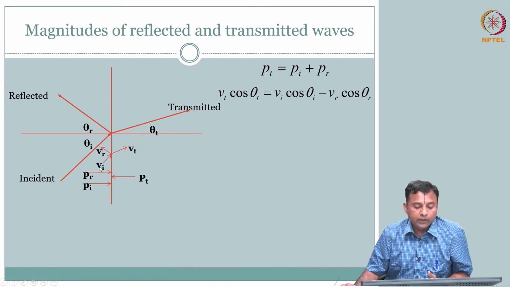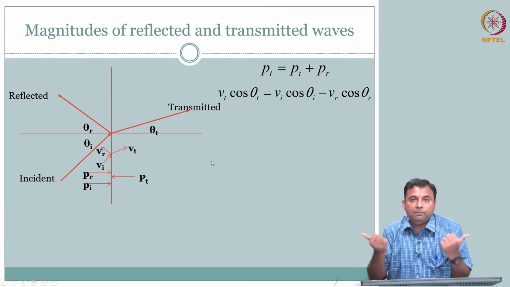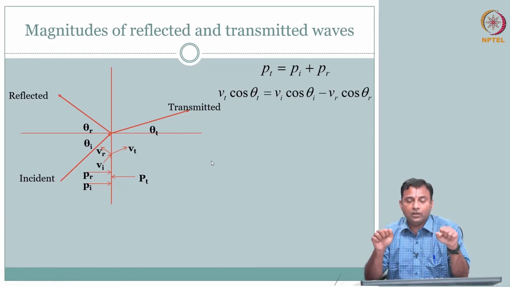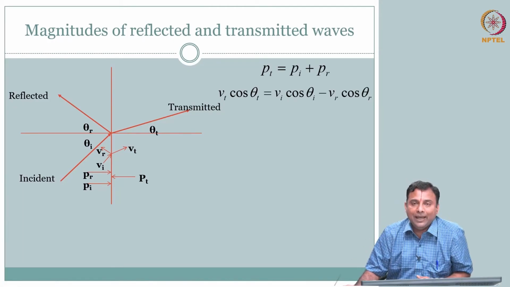Here one velocity is going in this direction, the other velocity is going in the other direction, reflected. So you get the negative because of the directionality. So you have Vi cos theta I minus Vr cos theta r should match Vt cos theta t. So that has to be balanced. Then the pressures on either side also have to be balanced.